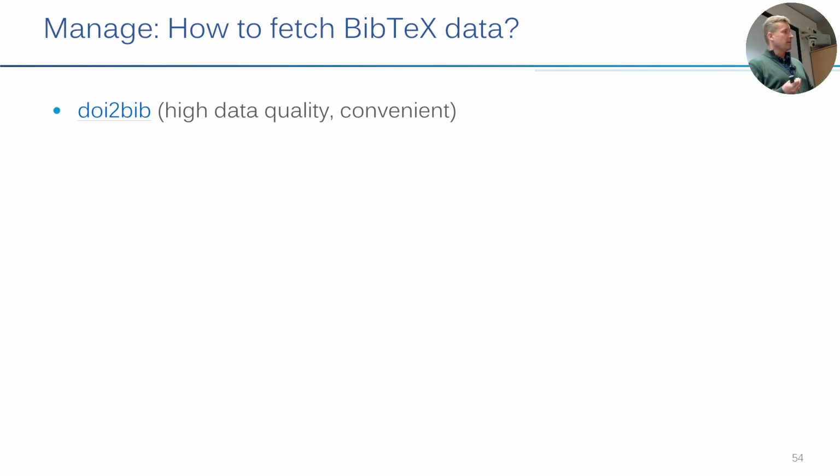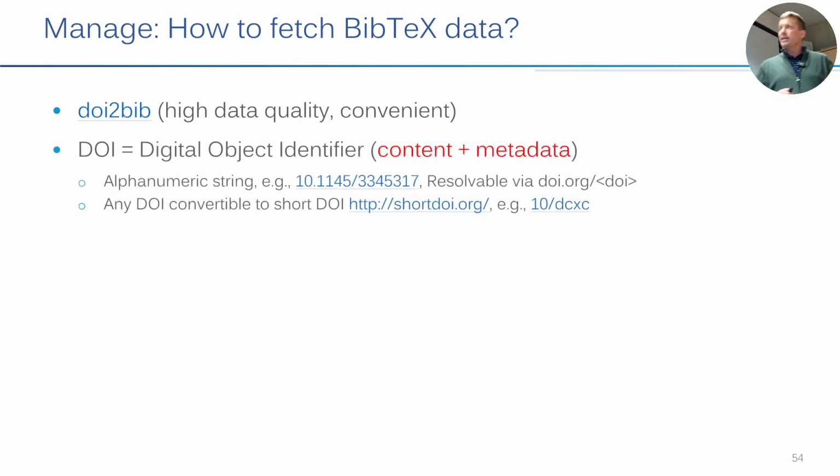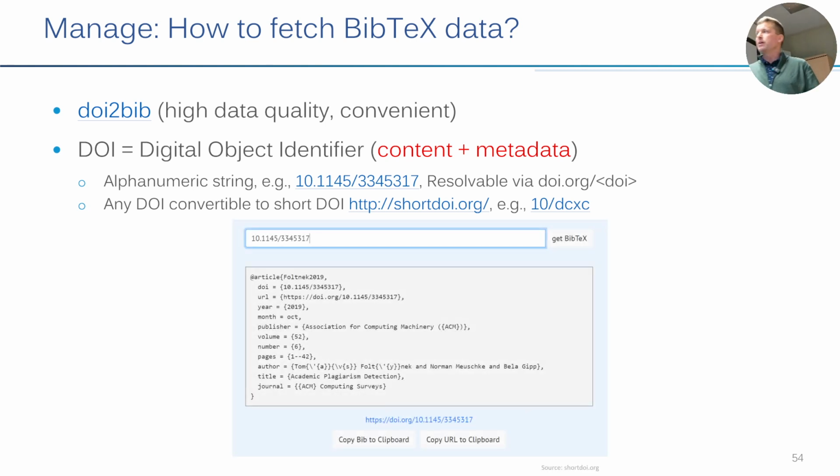So via the DOI, you cannot just resolve a URL and go to wherever the source is where you can download the PDF, but there's typically also metadata in the backend. And there are tools like DOI to Bib that use this hidden API of the DOI resolver to get you the metadata. Yeah? So you can just input a DOI, for example, in this tool, and we will see other options, and get your BibTeX out of it.